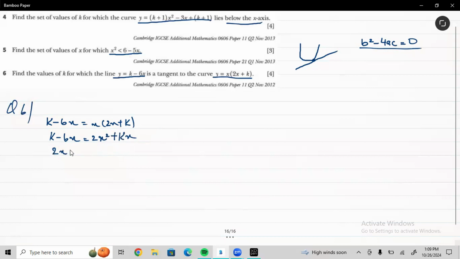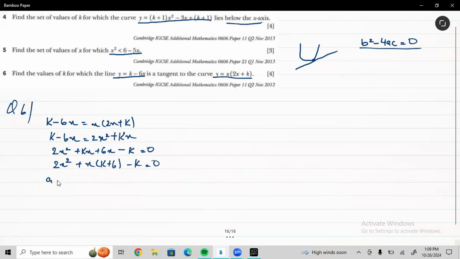Simplify this equation. 2x squared plus kx plus 6x minus k is equals to 0. We take x as the common: 2x squared plus x, here common, k plus 6, here minus k as the constant.